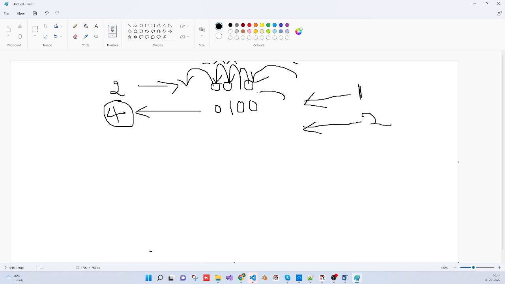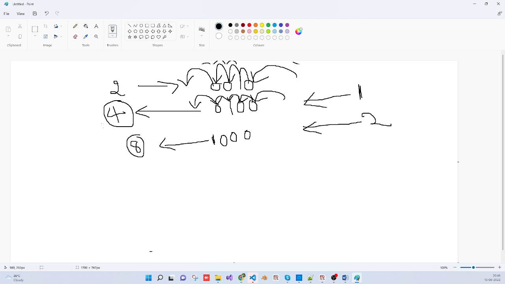The extra zero will be added here, and each bit moves one place over. Now what is my final output? 1000. So the output in decimal format is 8.